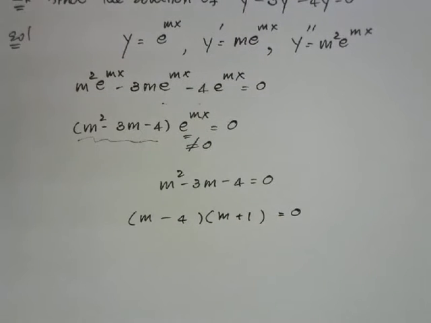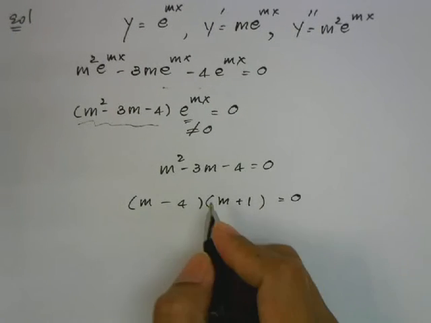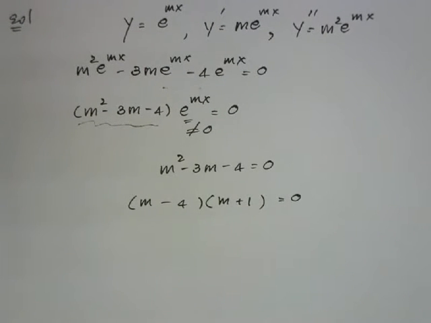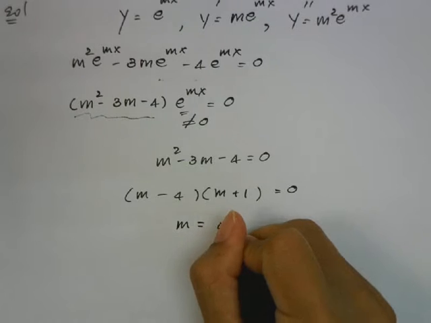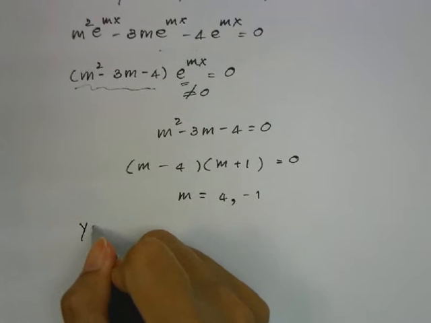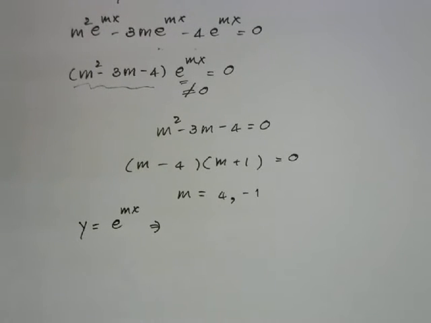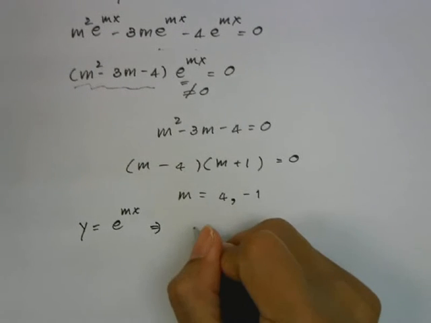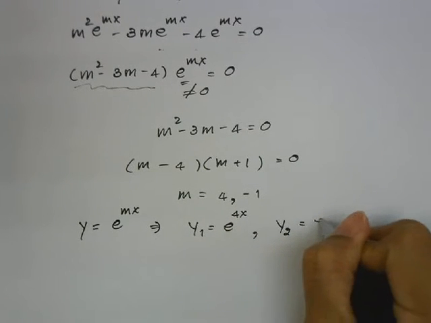So m squared minus 3m minus 4 is combining m minus 4 and m plus 1. So here we can find two values of m, which are m equal to 4 and minus 1. Because you assume that y is equal to exponential of mx, we have y1 equal to exponential of 4x, and y2 equal to exponential of minus x.